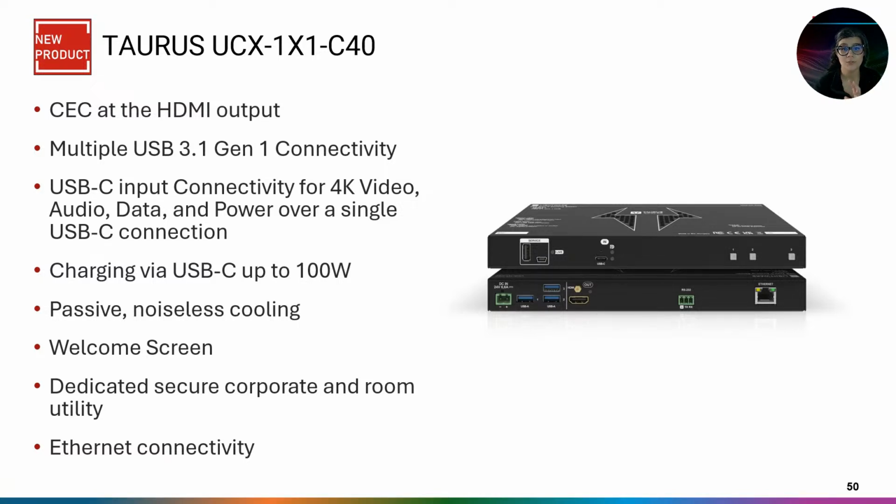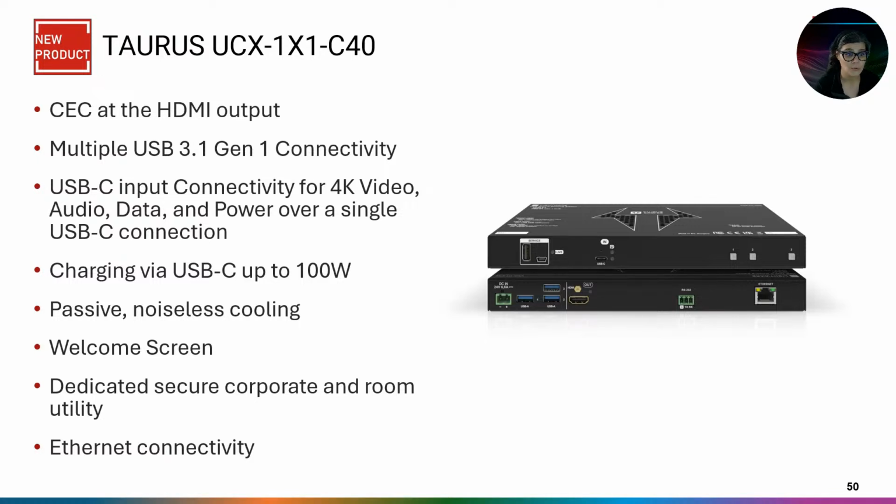But brand new to this line of our products is the Taurus UCX 1x1 C40, or what we are calling our smart dock. This is a 1x1, so you've got your one USB-C and then your one display out. This is giving you that 3.1 connectivity. It's giving you that charging up to 100 watts.